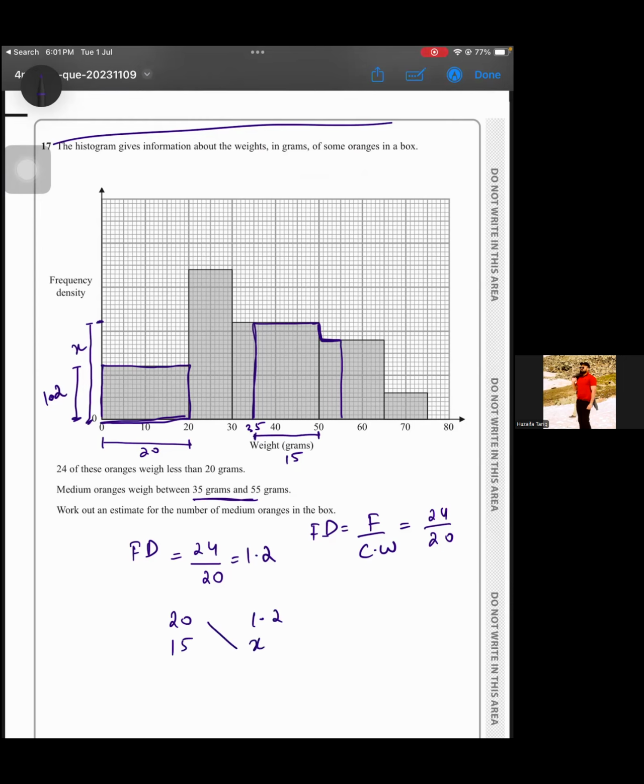That is your x by ratio method. So it's 15 times 1.2 divided by 20, which is equal to 0.9. Correct.